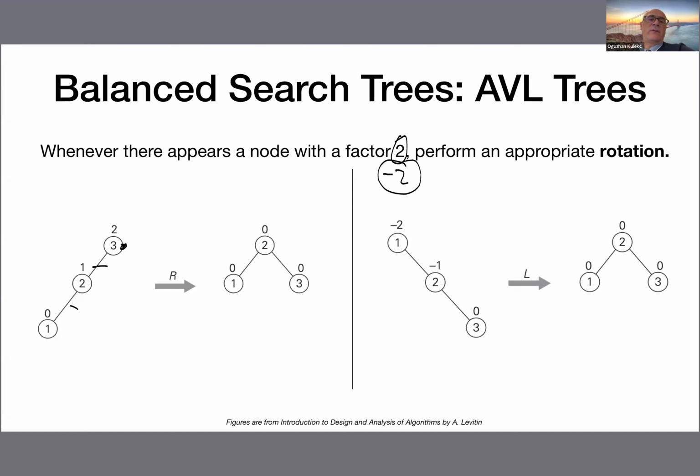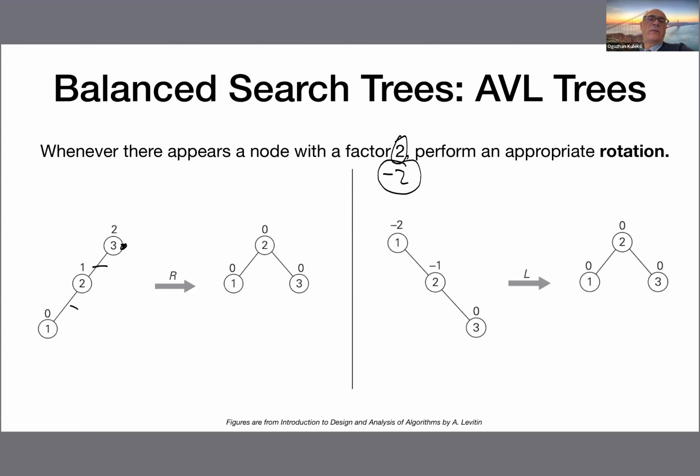You keep continuing, and now we insert 3. Inserting 3 doesn't hurt anything. So we continue, and then once we insert 2, now we have a problem. We see that the balance factor of this node and the balance factor of this node are both 2.